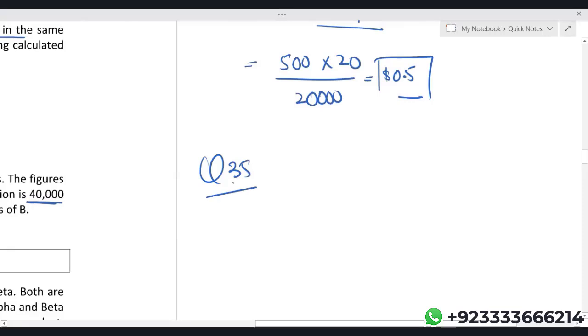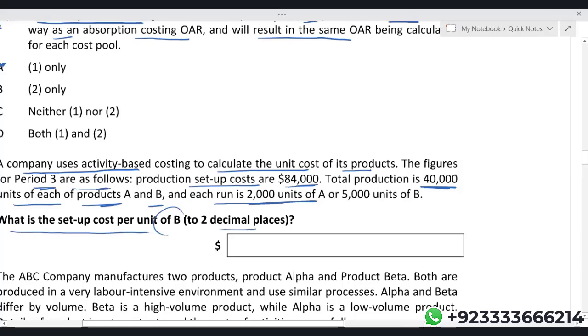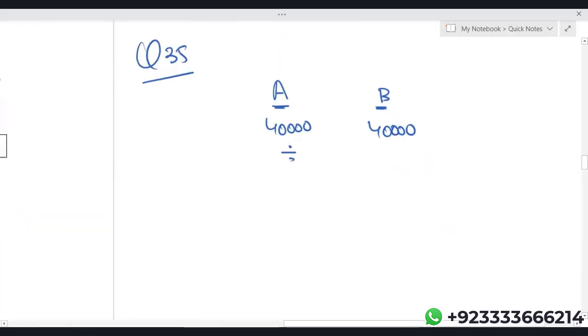Obviously, first we need to calculate overhead absorption rate per setup. For that, let us first calculate total number of setups, A and B. Number of units, A is having 40,000, B is having 40,000. In one run, how many units of A they are manufacturing? 2,000.